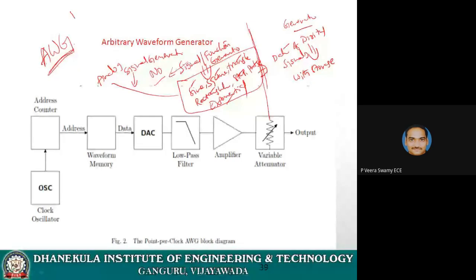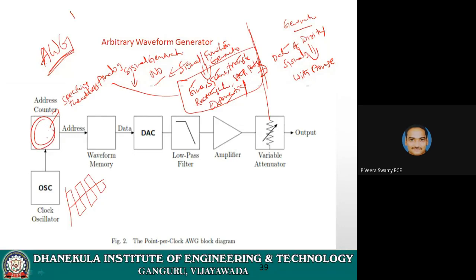See, here we have a simple block diagram. It has a clock oscillator; this is the clock signal for the operation, and this is the address counter. Here we are specifying the address using the manipulated data.